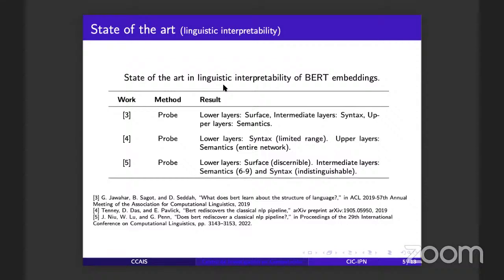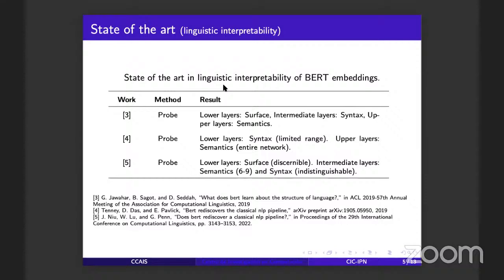You can see that semantic similarity begins from layer 6 to layer 10, so I think it's similar to reference number 5. And numbers 3 and 5 have the same idea in the surface aspects.